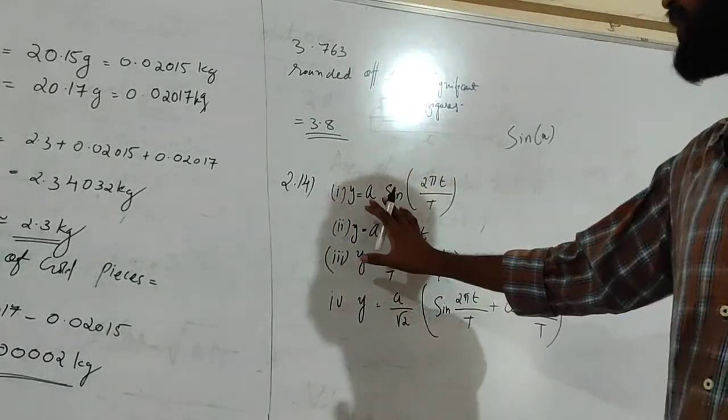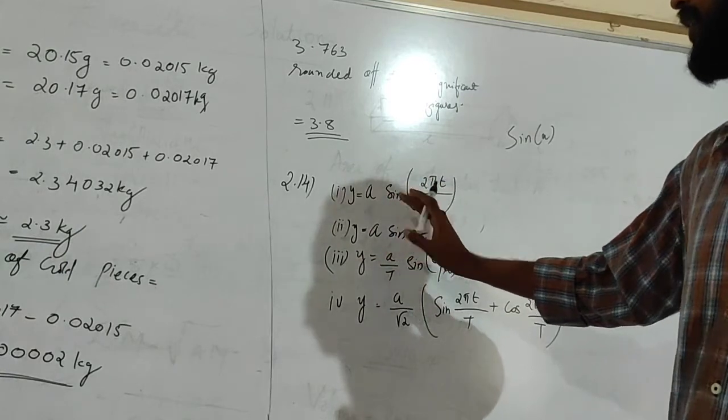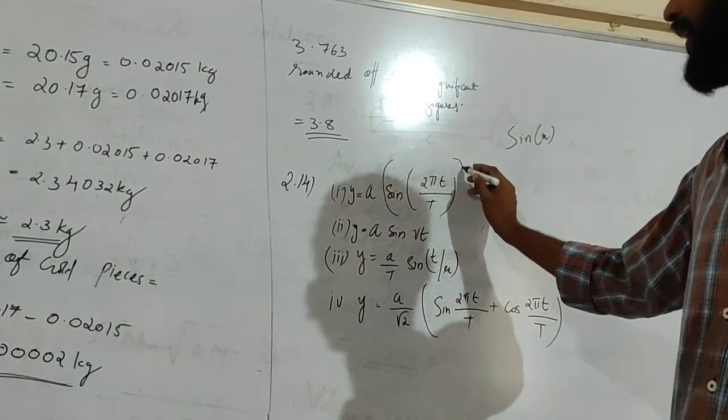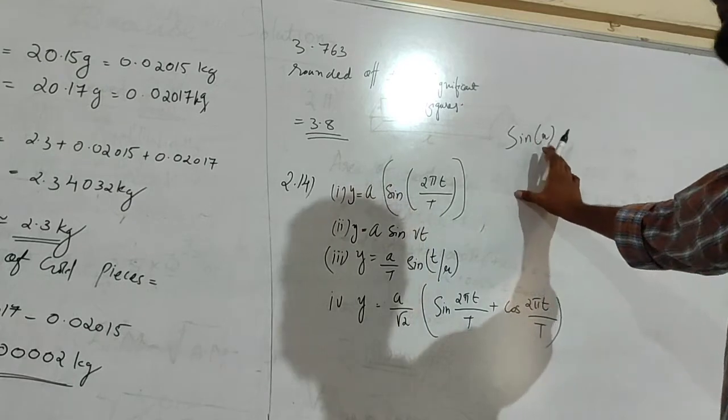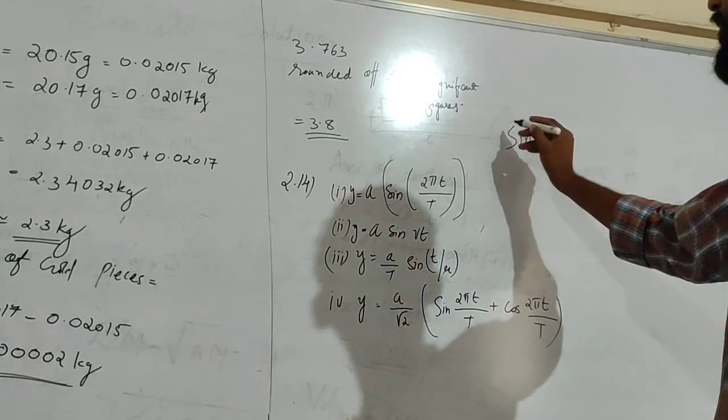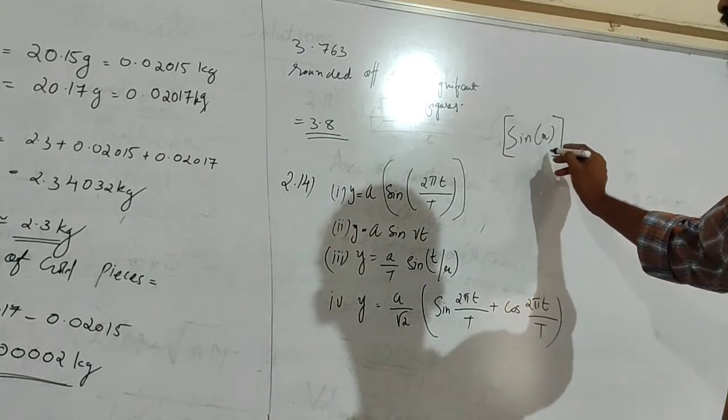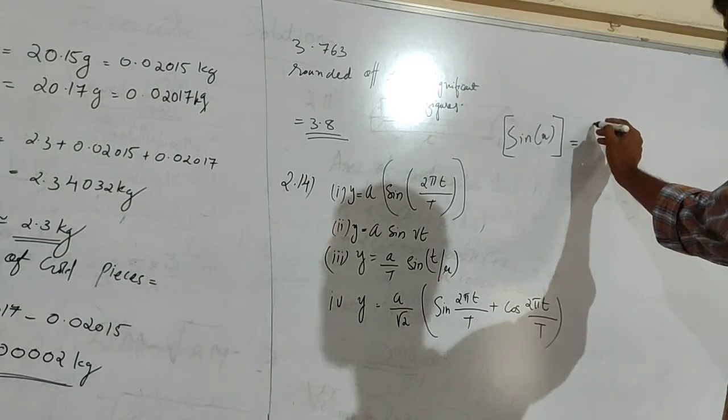Here y is equal to a sin 2 pi t by T, where first of all you just consider the sine. You know that if a sin x is given, then the argument x must be dimensionless.